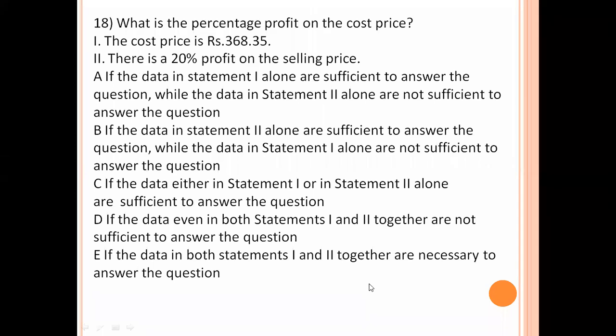Next, what is the percentage profit on the cost price? So here the cost price is 368.35. In the first one, we know only the cost price. Next one, there is 20% profit on the selling price, but here we won't know the selling price.